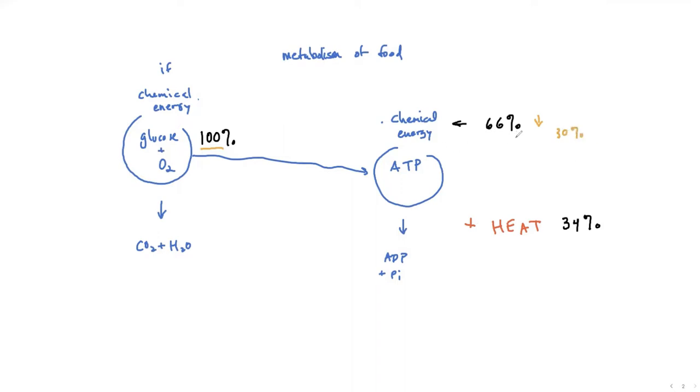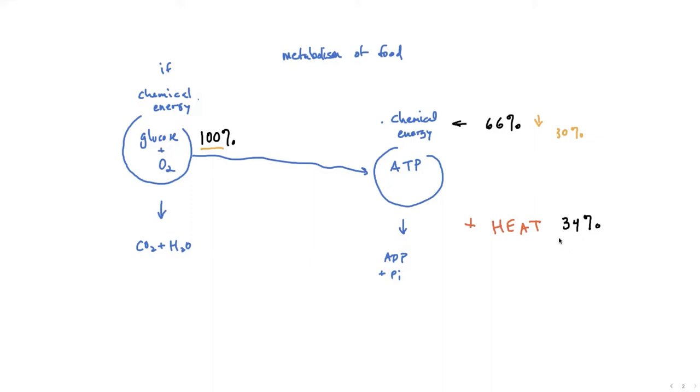In other words, if we reduce the efficiency of our conversion of food molecules into ATP energy, such that we're only ending up with 30% of the chemical energy recovered in the form of ATP, how must that affect the amount of heat produced?